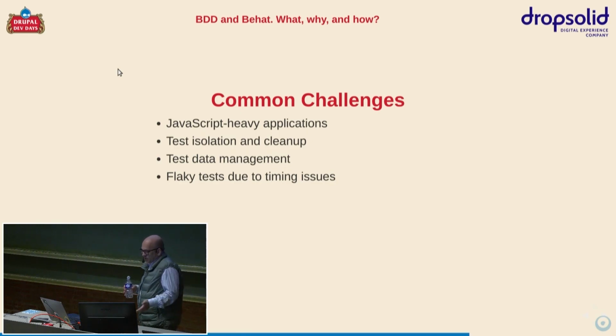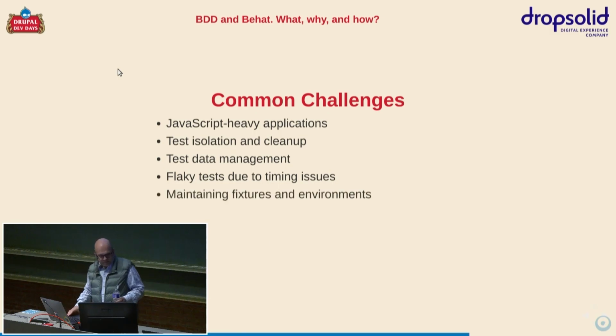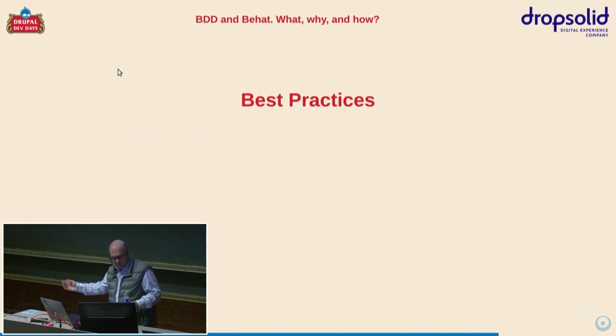It doesn't know that it's written in PHP at the end of the day. So this can be challenging, as is maintaining the same set of tests that would work for different environments. And how can we overcome these challenges, or maybe mitigate them?